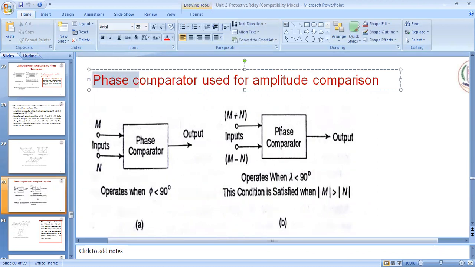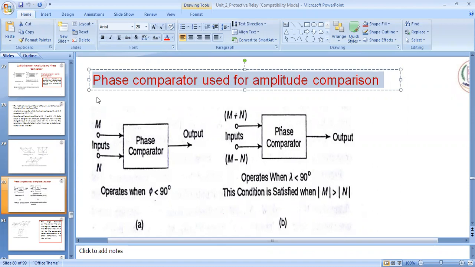So here the phase comparator is used as an amplitude comparator. Till now we have seen the amplitude comparator work as a phase comparator. Here this phase comparator is going to work as an amplitude comparator. Take the phase comparator with M and N as input. If the angle between M and N is lesser than 90, then this will give us output.